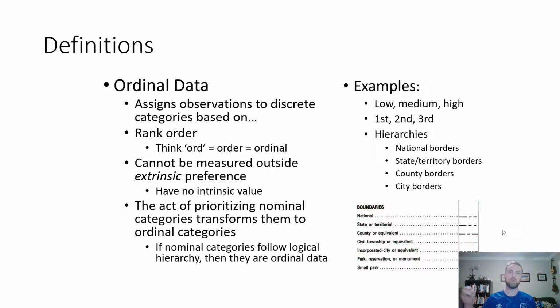These are all things that have been superimposed on the landscape from without. All right. So the act of prioritizing nominal data into categories and giving them order makes them ordinal data. If nominal categories follow some sort of logistical hierarchy, then they are then ordinal data. So just think ordinal data, order, low, medium, high.